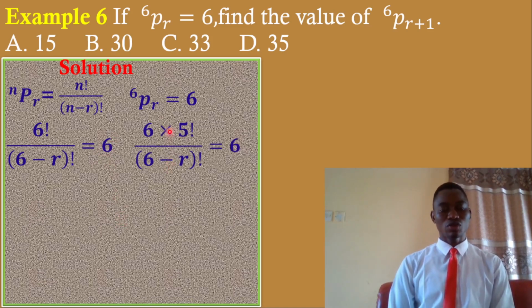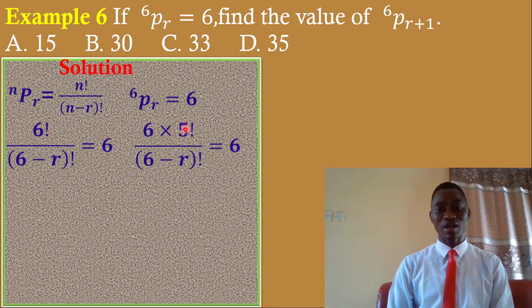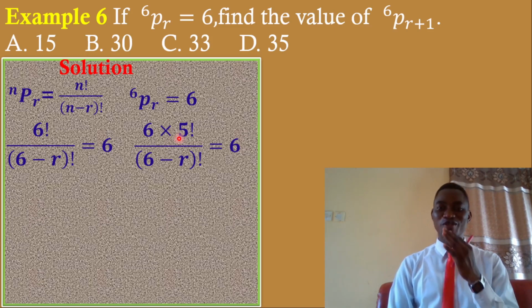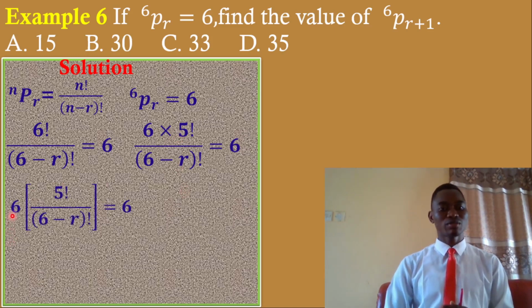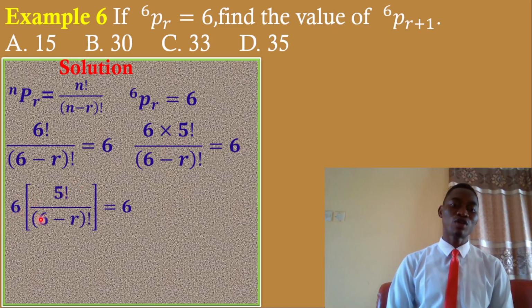We can express 6 factorial as 6 times 5 factorial. Nothing has changed. 6 factorial is the same as 6 times 5 factorial. Then we further express the left hand side as 6 times 5 factorial upon (6 minus r) factorial.